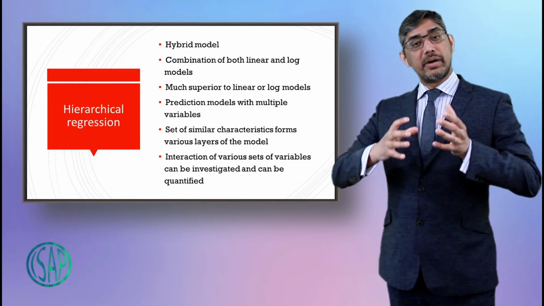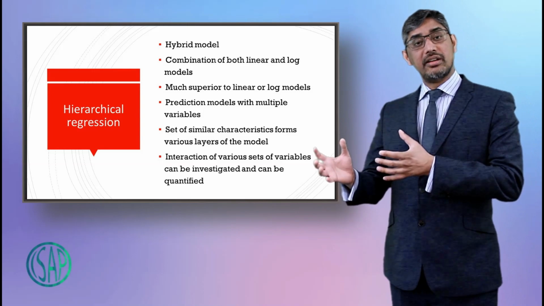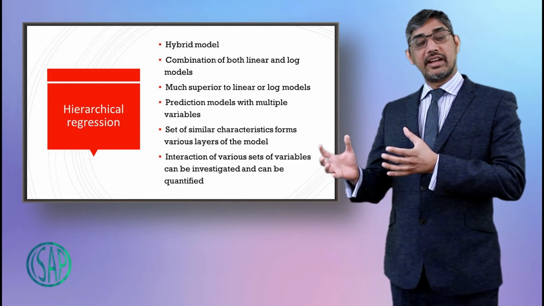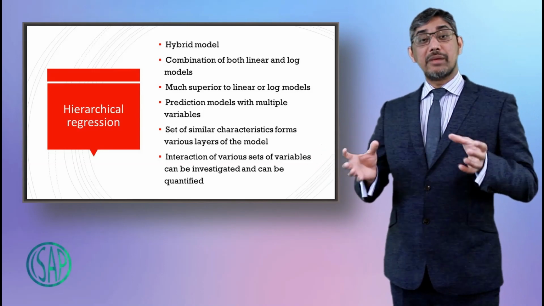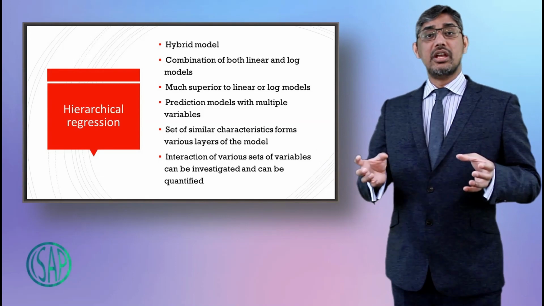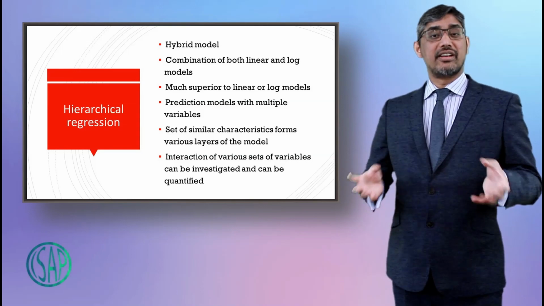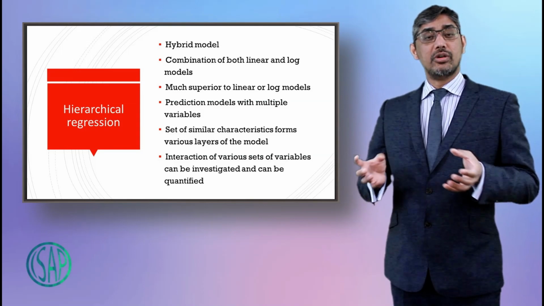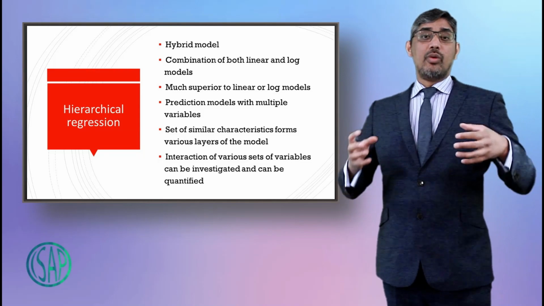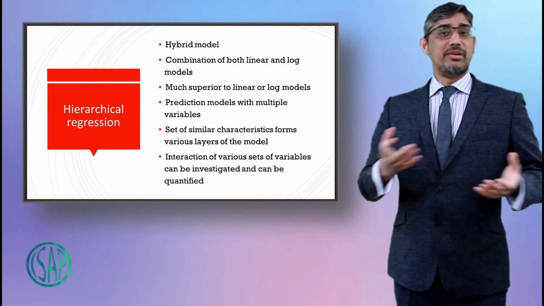And also you can combine those categorical data with metric data. So here you're developing a hybrid model, including both log and linear, including both metric and categorical data. So obviously, with any patient's data set, you always have categorical data and numerical data.